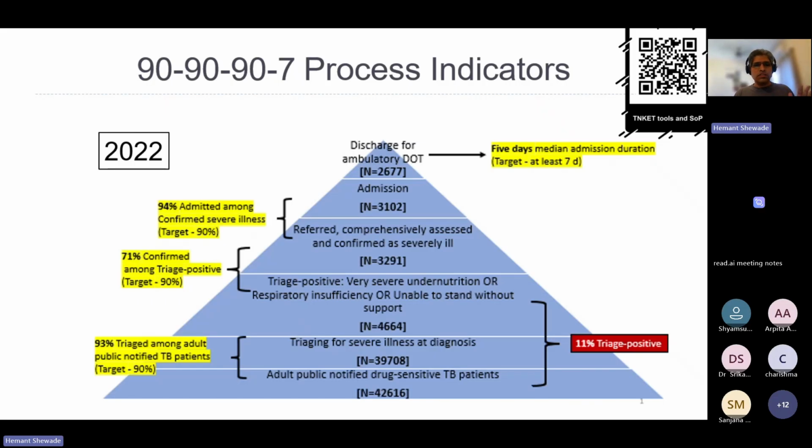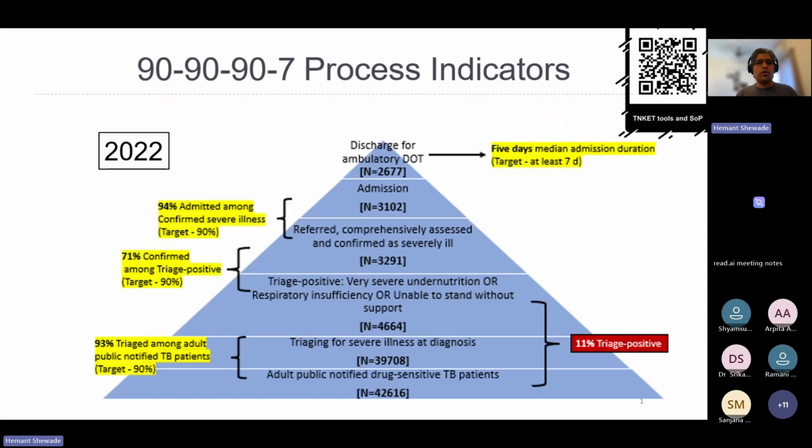So what you see in yellow is the performance of the state in 2022 against the target of 1997 process indicators. So you see that in 2022, between April to December, of 42,600 adult public notified drug sensitive TB patients that were notified, 93% were triaged.